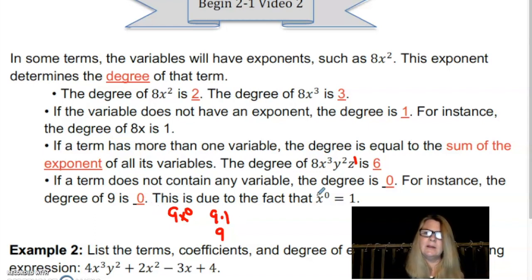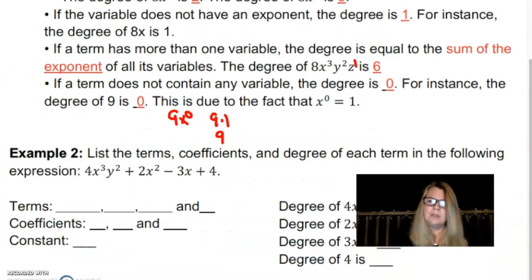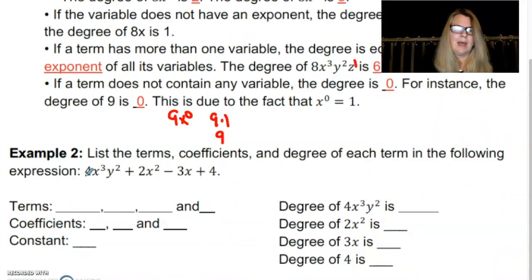So let's look at example 2. In example 2 here, it has 4 terms because you have 4 things that are added or subtracted together. The first term here would be 4x to the third, y to the second.